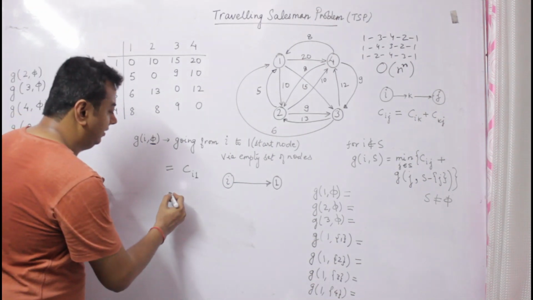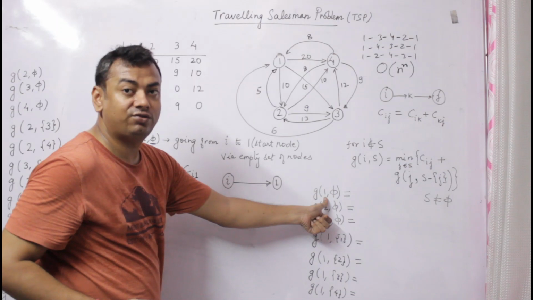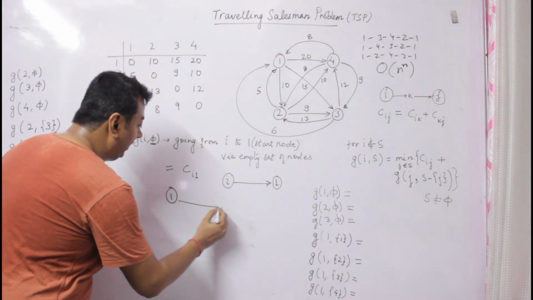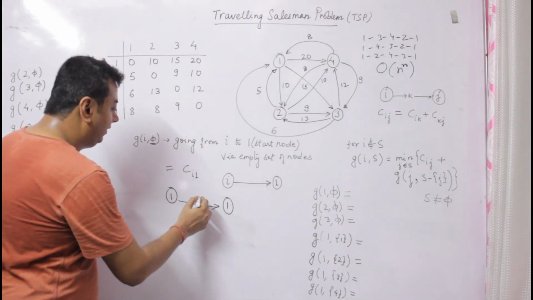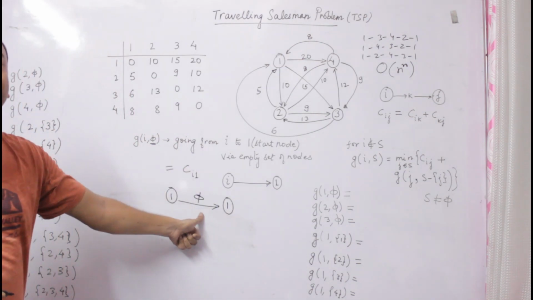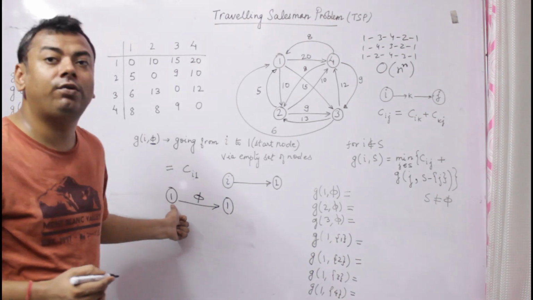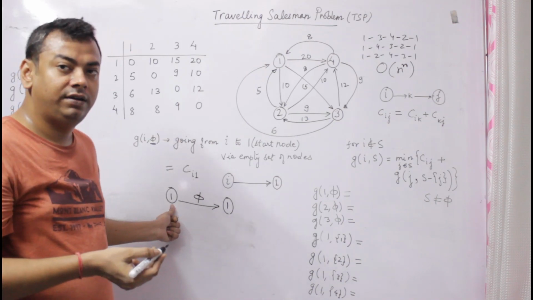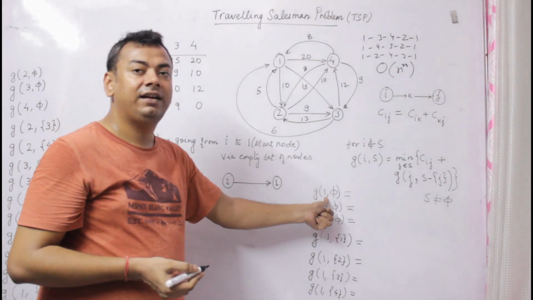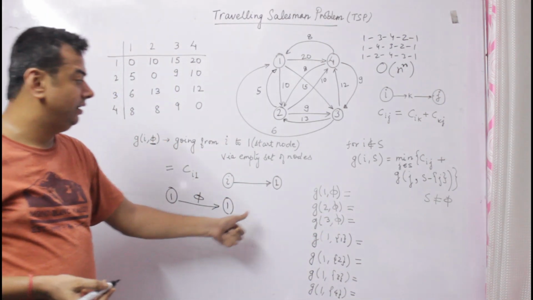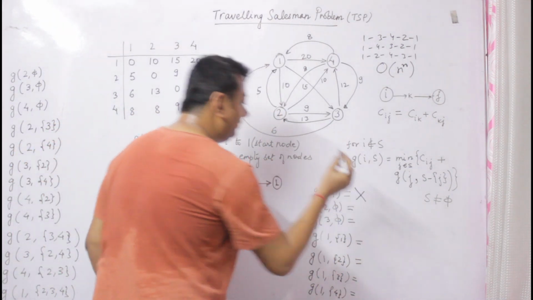One has to start from 1 and go to 1 with no intermediate node. As we know, there is no need to compute the self node. Self loop, no need to compute. If you are at 1 and you have to go to start node 1, it is denoted by G of 1 comma phi. So no need to compute this.